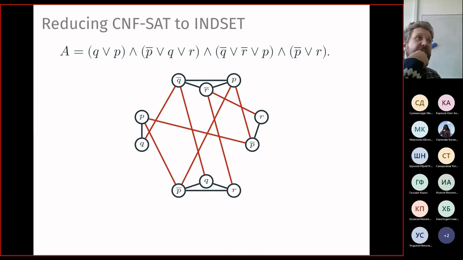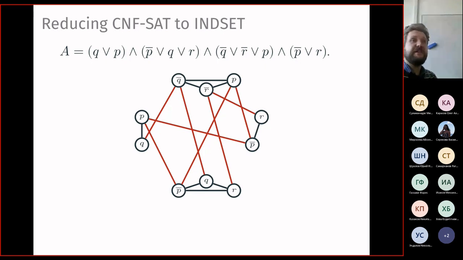First, you need to take exactly 1 vertex from each clique, because the number of vertices is the same as the number of cliques. And inside a clique, you cannot take 2 vertices because they are connected, so you should take only 1. Second, these chosen vertices should not be connected by a red edge, so they should not be contradictory.